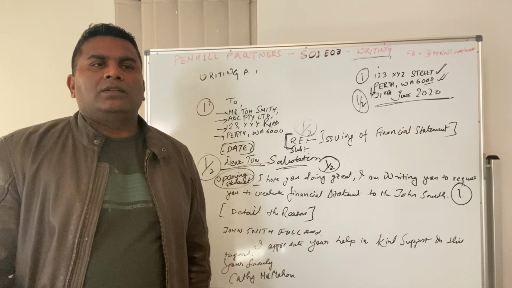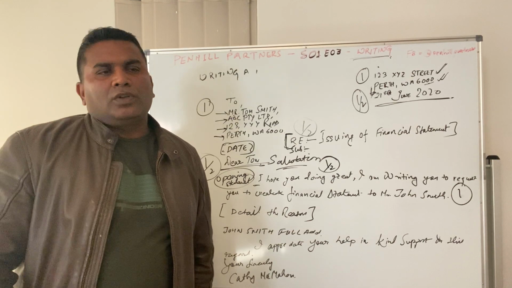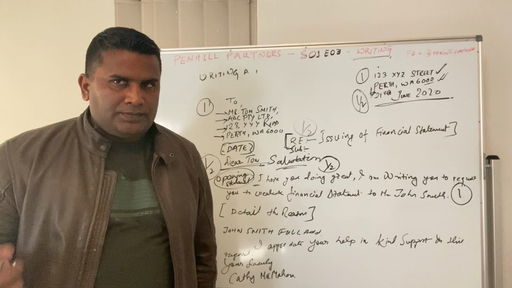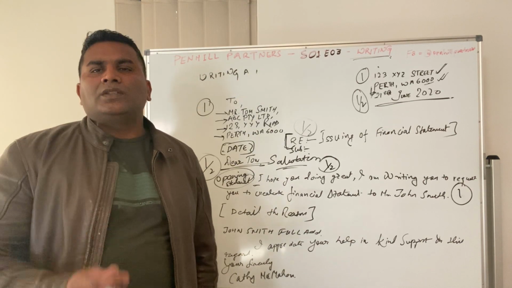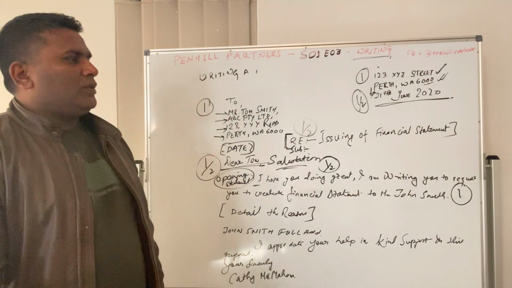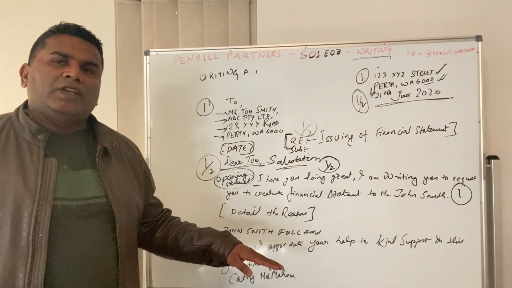Okay, I'm borrowing money, and John Smith is my finance broker. I'm buying a boat, I'm buying a car, I'm buying a bicycle, whatever, and I need a loan, so he needs to access my financial statement. So can you just give him my financial statement, and then you can give the reason.